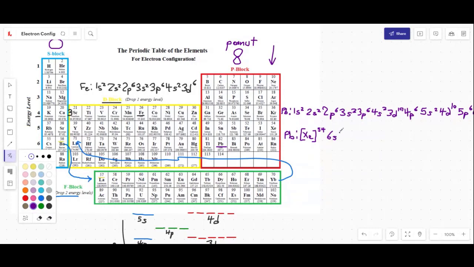And then after the 6s2, 5d10. Oh, not 5d. Look at the arrows. Look at the numbers. 4f14, and then 5d10.